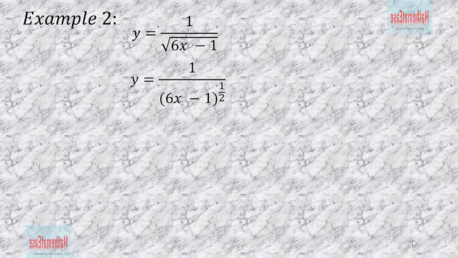Another one. y is equal to 1 over square root of 6x minus 1. We need to rewrite this question in a way that's very easy for us to solve. So we can write this as 1 over 6x minus 1 raised to power half. We still need to repackage this question again, so it will be 6x minus 1 raised to power minus half.